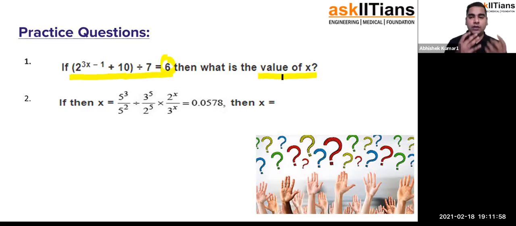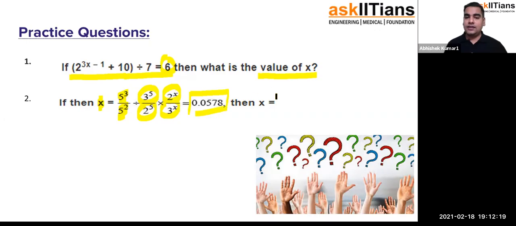The second one: if x is provided to you, which is 5 cube over 5 square, 3 raised to the power 5 upon 2 raised to the power 5 multiplied by 2 raised to the power x divided by 3 raised to the power x, and the value is 0.0578, then for what value of x is this going to be true?